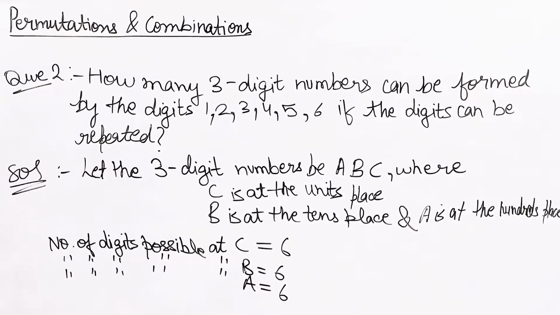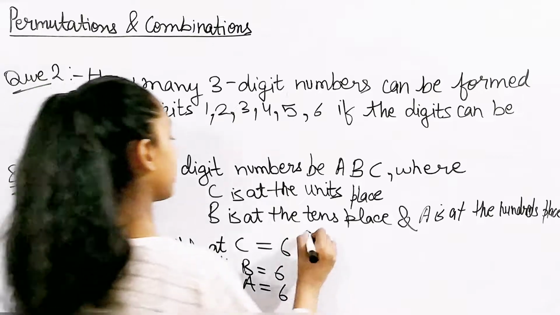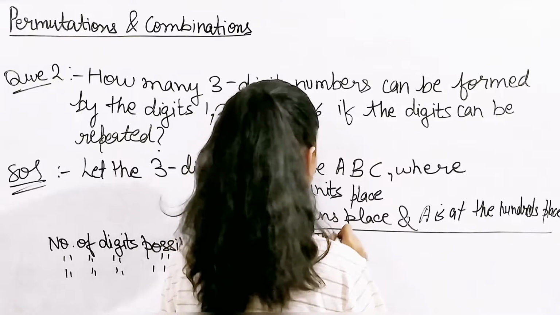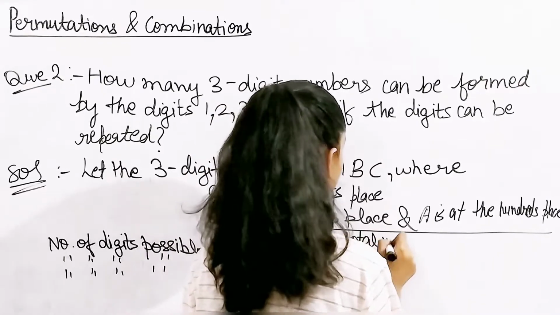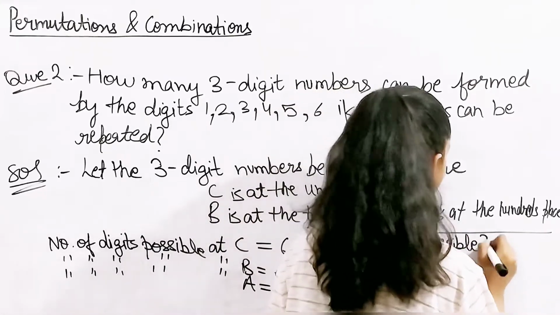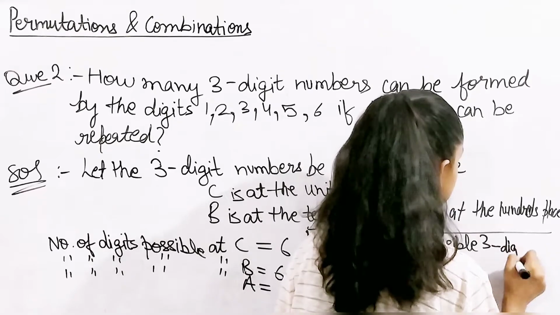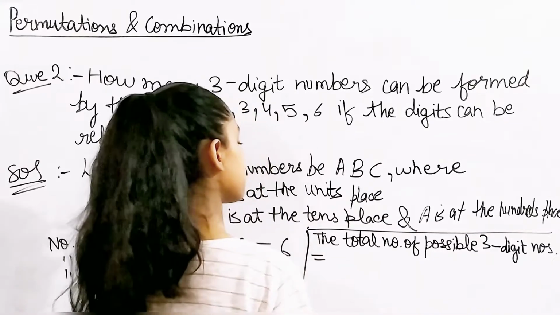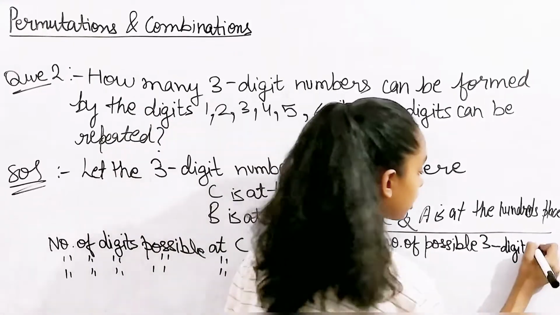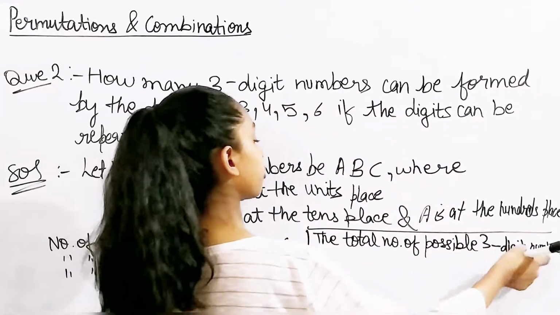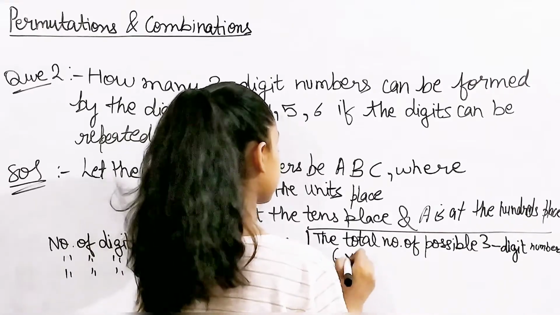That the total number of possible 3-digit numbers is equal to 6 into 6 into 6.